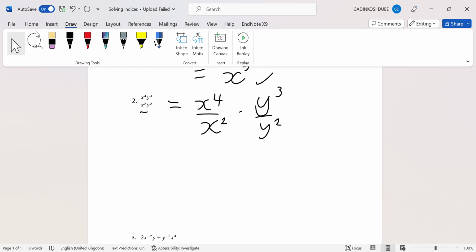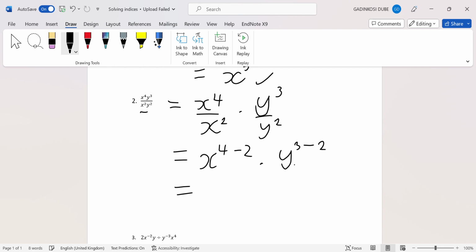So what do we do now? Since it's division, you subtract the powers if the bases are the same. So x to the power 4 minus 2, multiplied by y to the power 3 minus 2, because you're dividing by y squared.